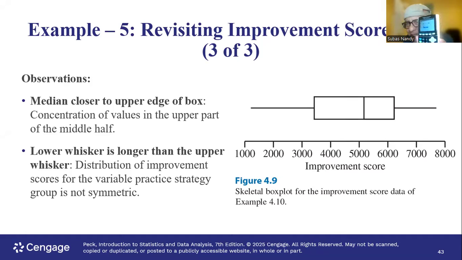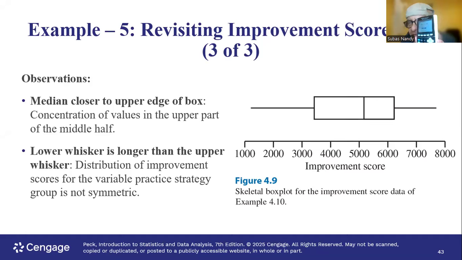You can already see in the plot you have on the screen that Q2 is closer to Q3, the right boundary of the box, and Q2 is farther away from Q1, which is the left boundary of the box.